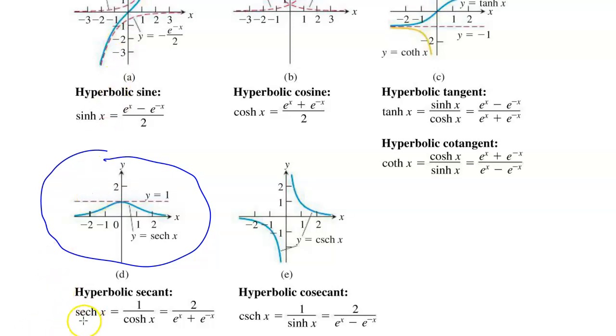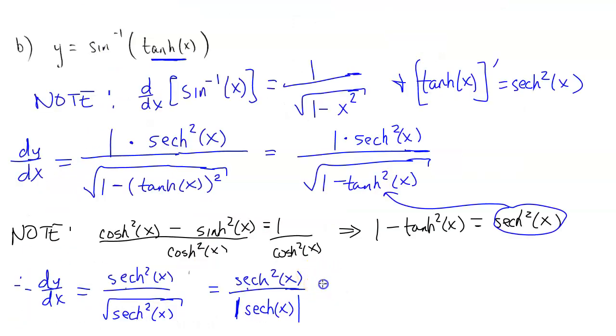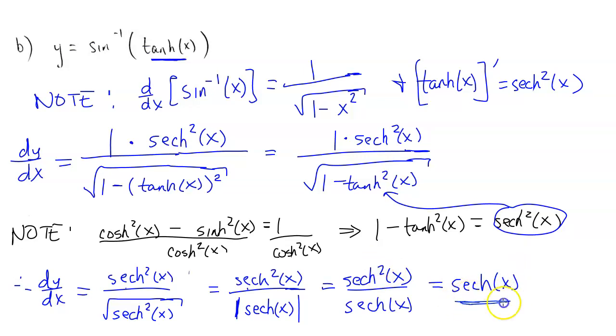From that, we know that the denominator is going to be positive, so the denominator is just secant hyperbolic. And once we simplify that fraction, we have secant hyperbolic of x as our final answer.